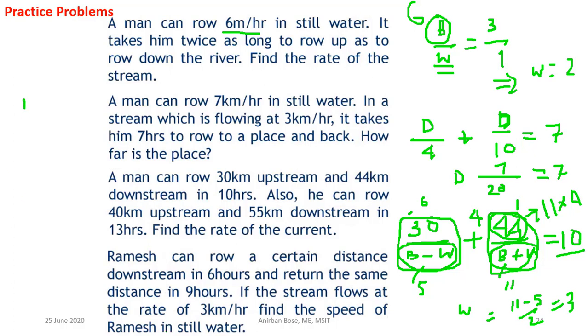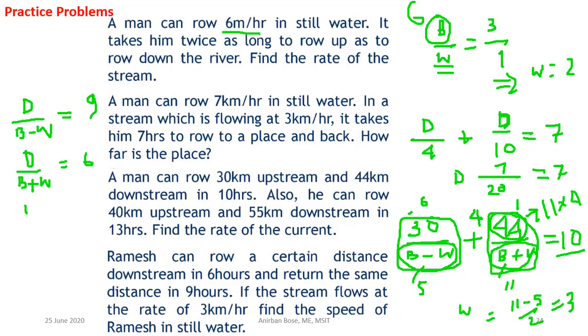So if the distance is D, in upstream that is B minus W. Okay, so that is given. Upstream it is 9, and in downstream that is B plus W, that is 6, right?